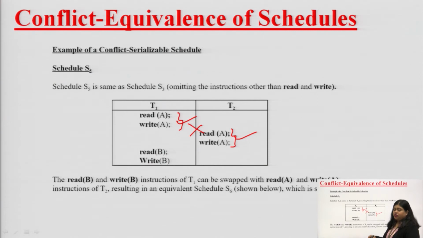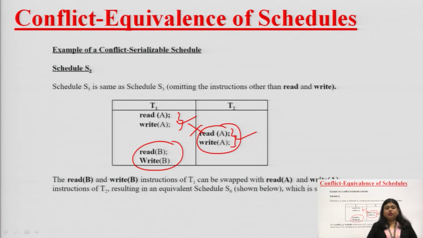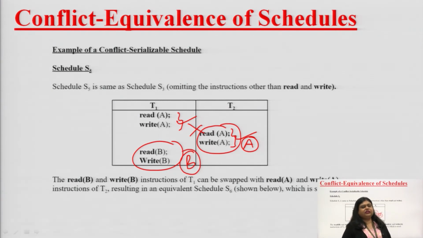Let us see the next combination. If we talk about this combination and this combination, are they conflicting or non-conflicting? They are non-conflicting. Why? Because T2 is reading and writing the value of A, and T1 is reading and writing the value of B. So, the data item has changed: for this set of instructions the data item was A, and for the other set the data item was B. Now, how do we convert it into a serial schedule?